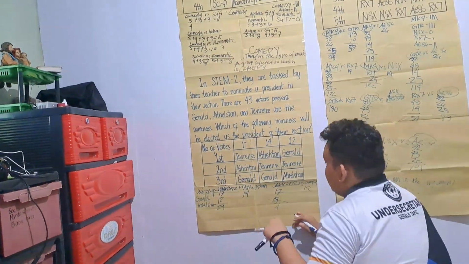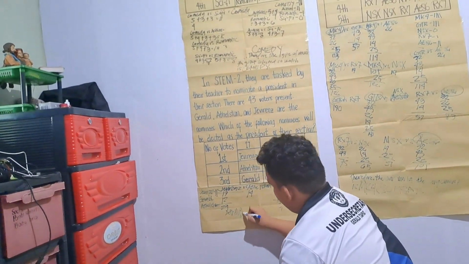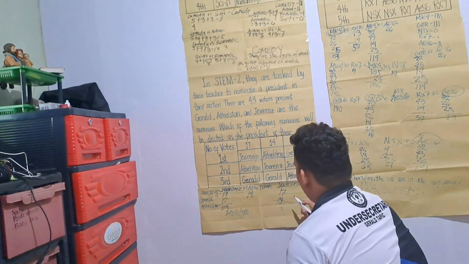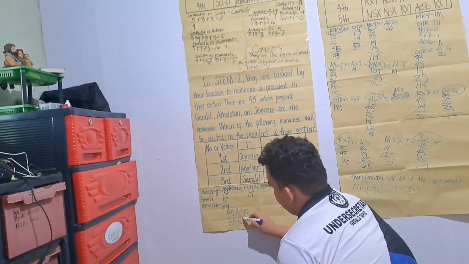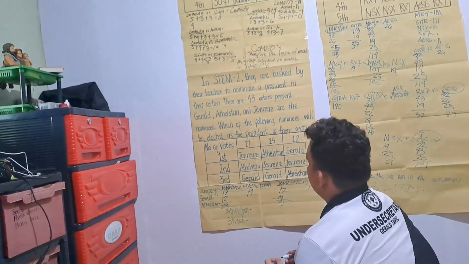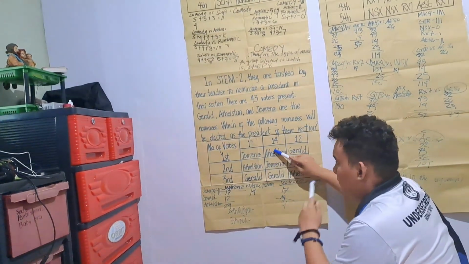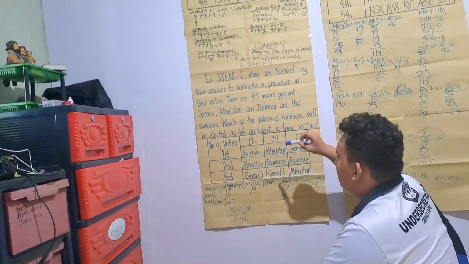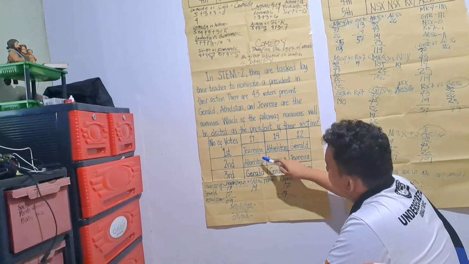So the next matchup is Athelstan versus Gerald. So in the table, Athelstan is first and Gerald is last.